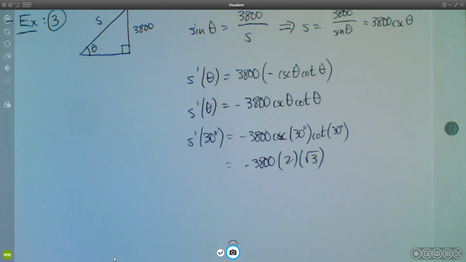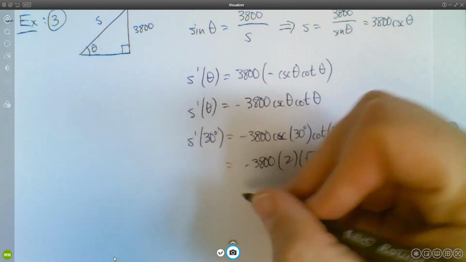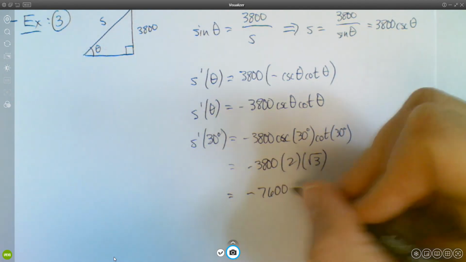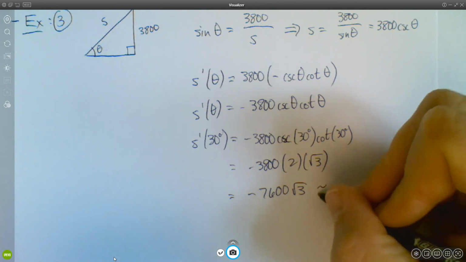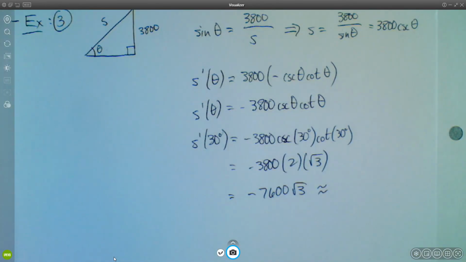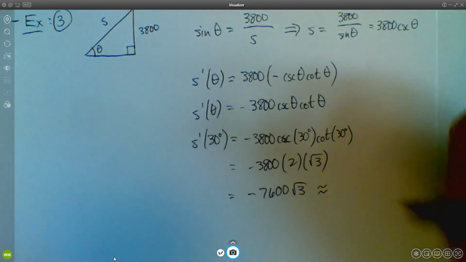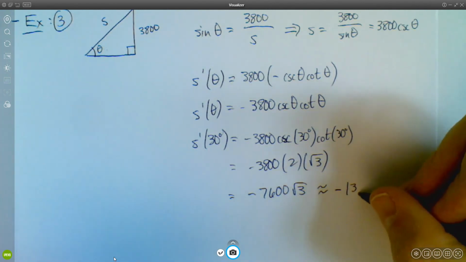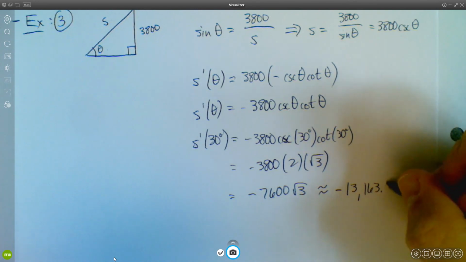So let's see. Negative 3800 times 2 times square root of 3. Well, so of course that's negative 7600 root 3, which is approximately negative 13,163.6.